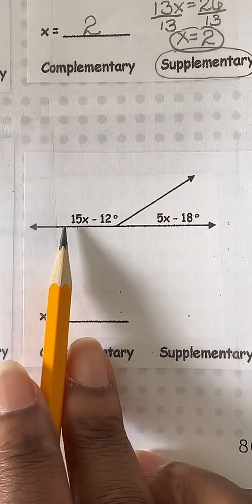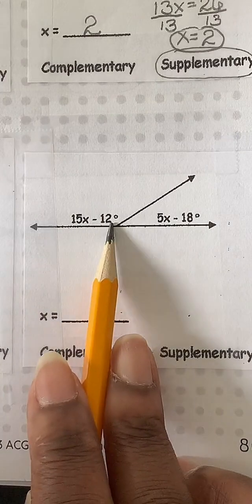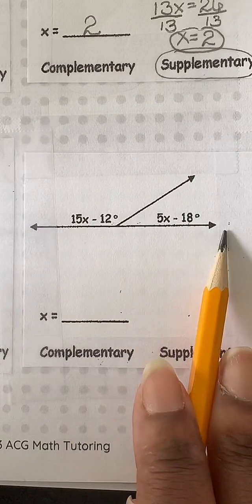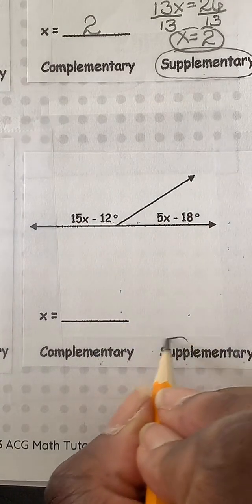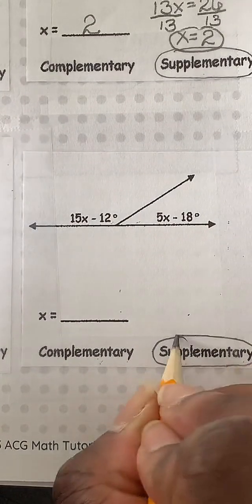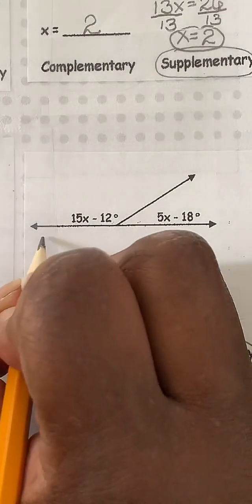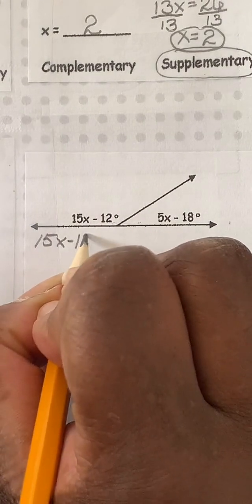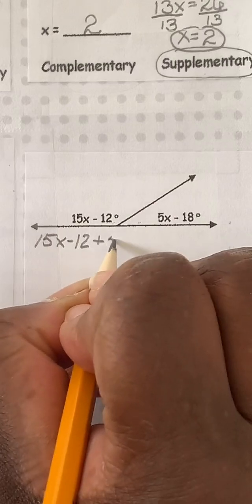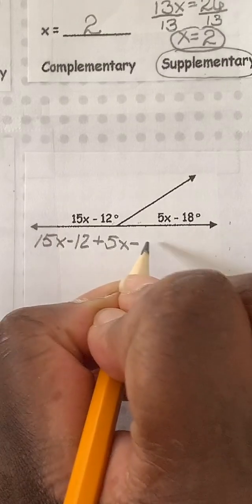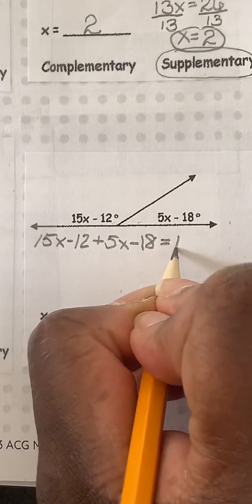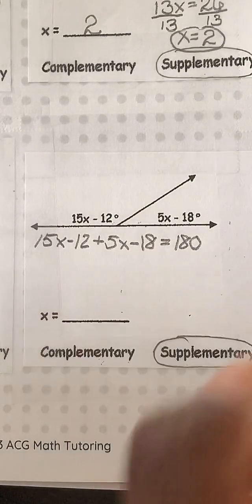So we have two angles, a linear pair, giving me a straight line. So that means it's going to be supplementary. All right. So that means we have our 15x minus 12 plus 5x minus 18, and that's going to equal 180 degrees.